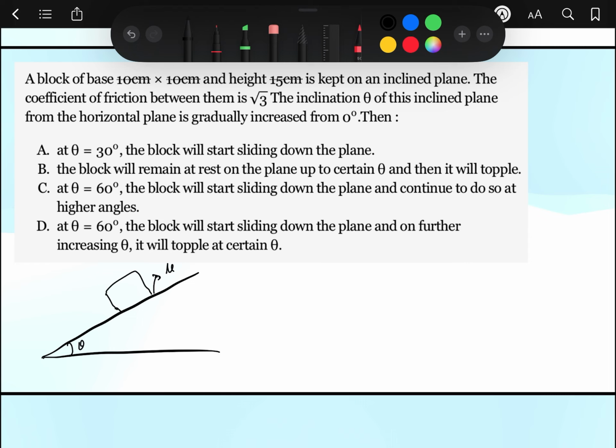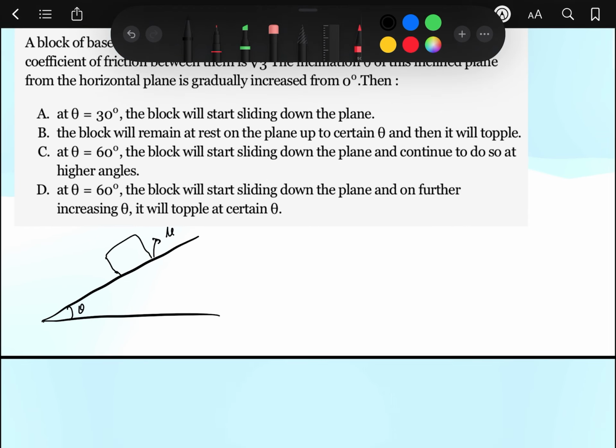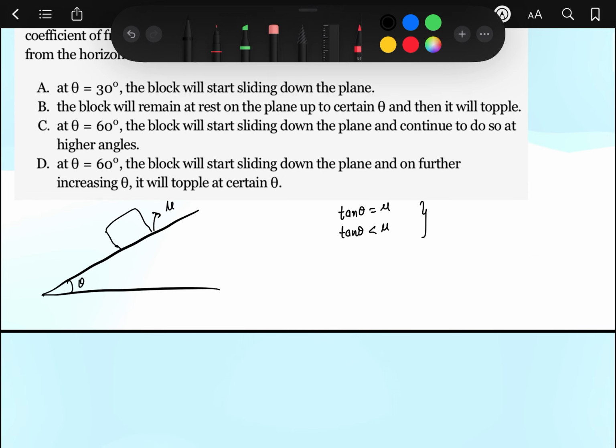Friction coefficient is mu. Then we know some conditions: if tangent theta is equal to mu or tangent theta is less than mu, then this block will be stationary, at rest on this inclined plane.